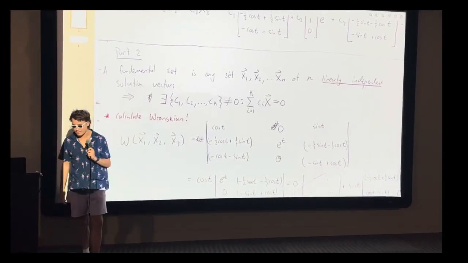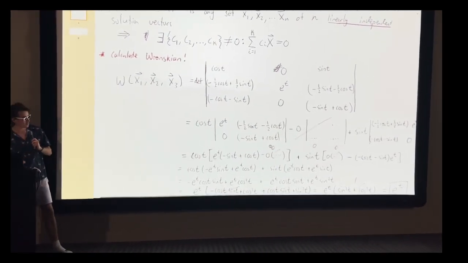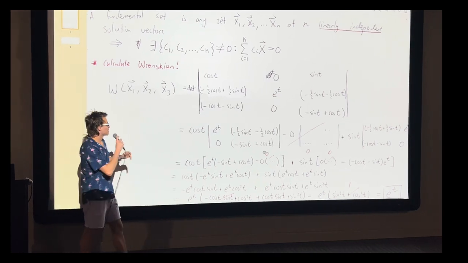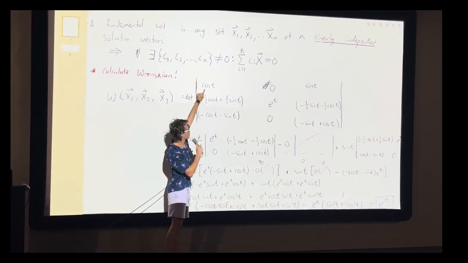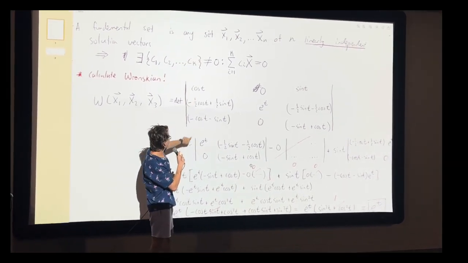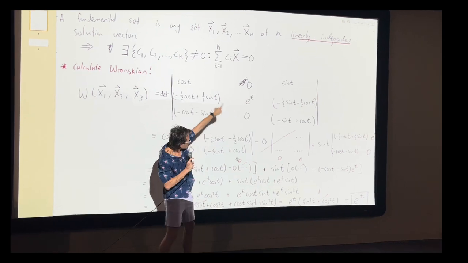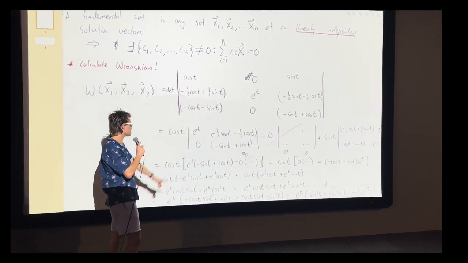I'm going to do cofactor expansion for this one. So we first look at this entry in the position 1, 1 in the matrix, pull it out the front, and then we get rid of the column that it's in and the row that it's in, and then we calculate the 2 by 2 determinant.